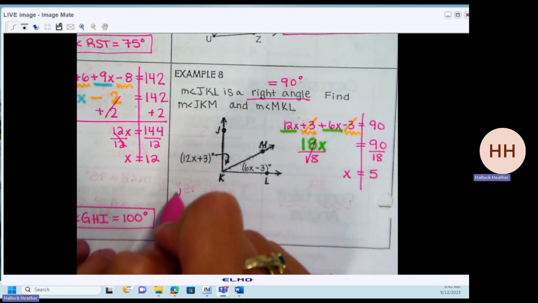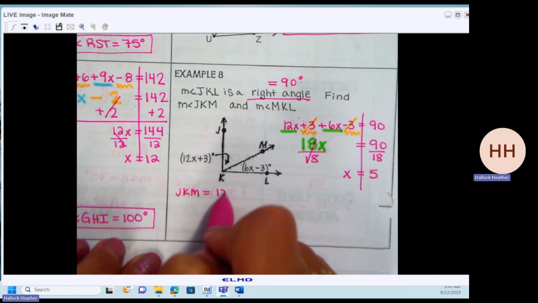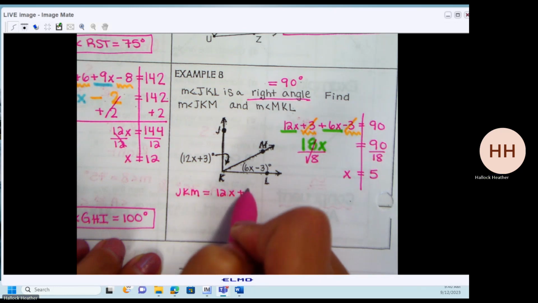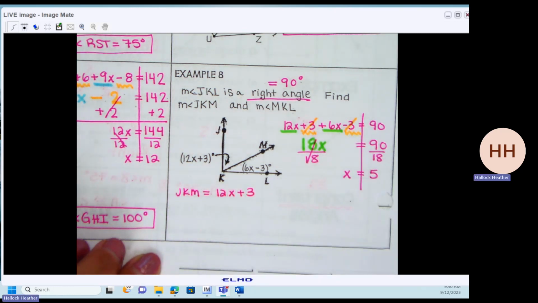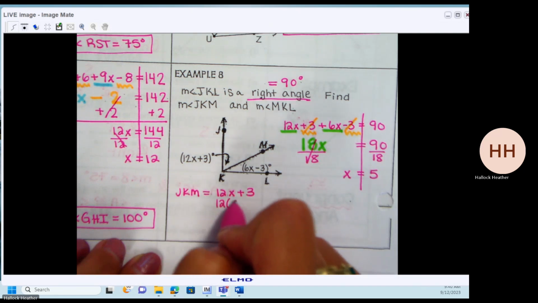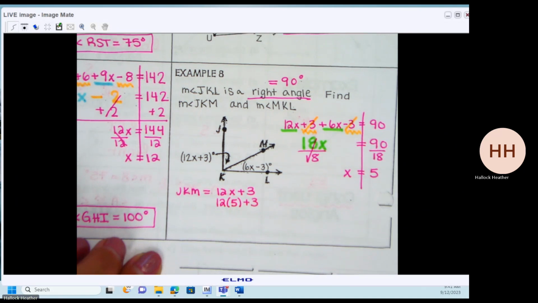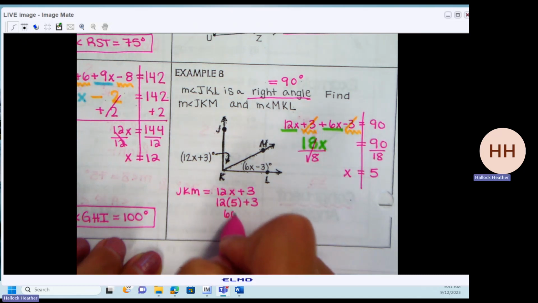Then I'm going to substitute it back into one of the angles. So if I say JKM, the measure of JKM is technically equal to 12x plus 3. I'm taking my x, I'm substituting it back into the angle. So I'm going to do 12 times 5 plus 3. PEMDAS for always and forever. Multiplication before addition. 12 times 5 is 60.